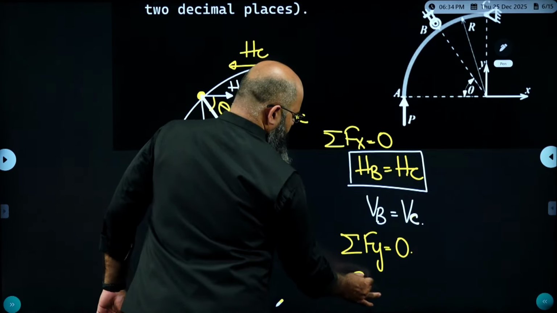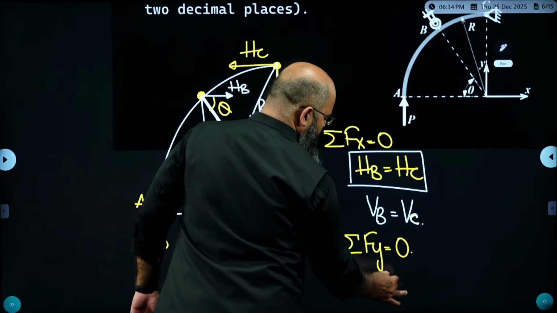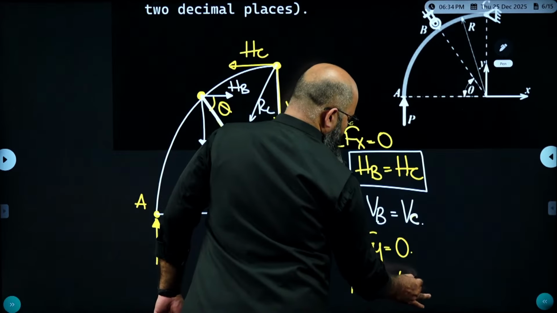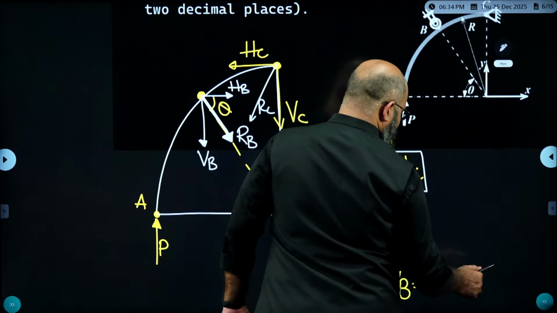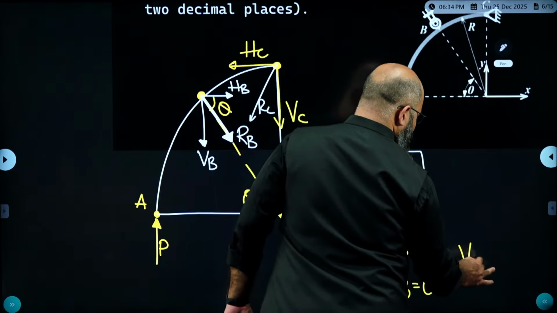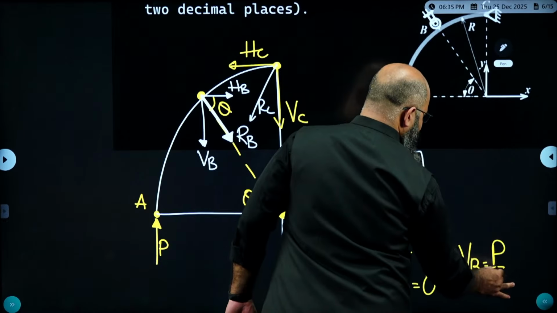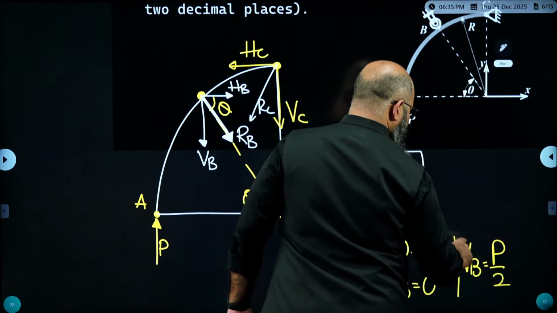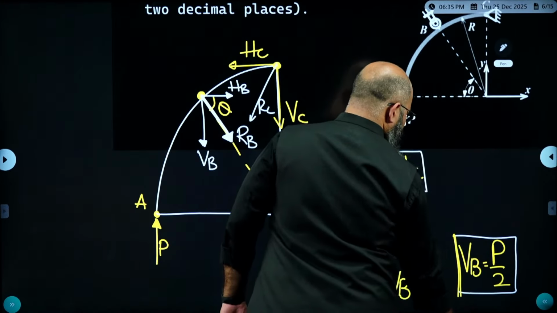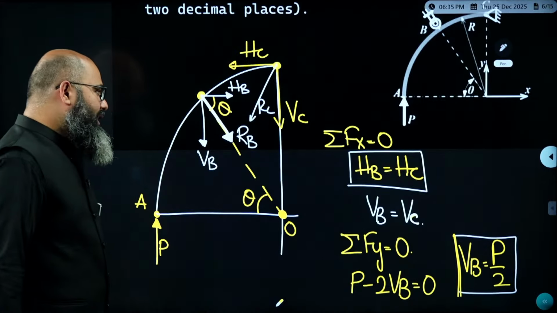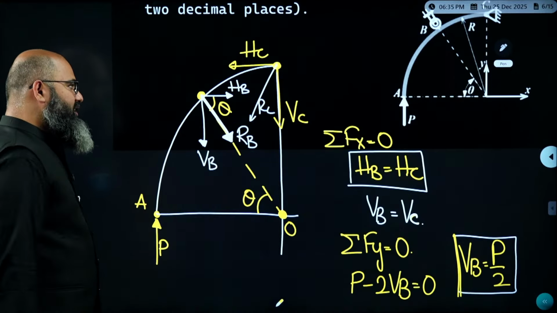So P minus VB minus VC, I can say 2VB is equal to P, which implies the value of VB over here has to be equal to how much? P by 2. I have identified the value of VB also. If I identify the value of HB, everything is done.